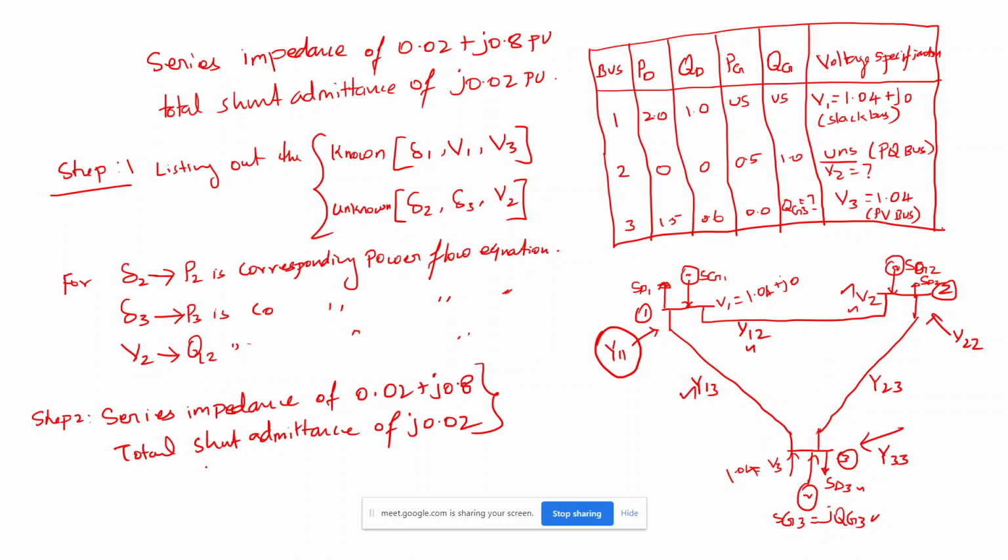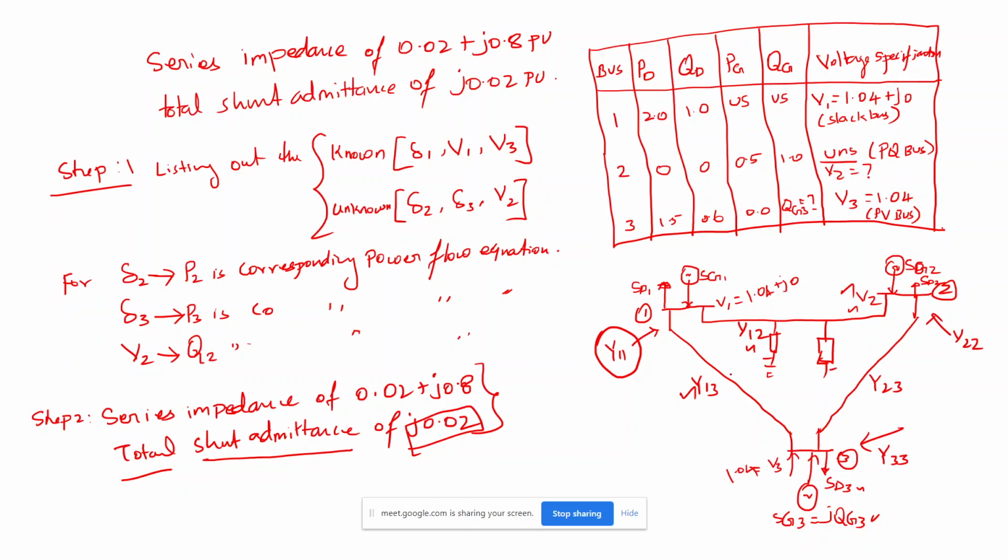But in the question you can see that they have given a total shunt admittance. Total shunt admittance means for the pi diagram, if you put shunt admittance, then an equal value of shunt admittance will be present at each end. If J0.02 is the total, it is equally divided by 2 and placed here and here. We saw that in the first class of the first module.